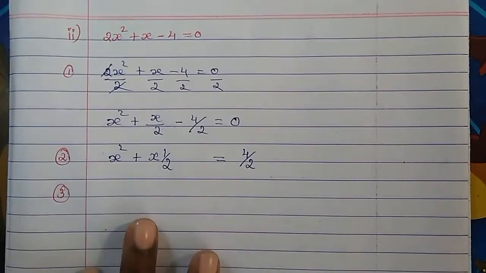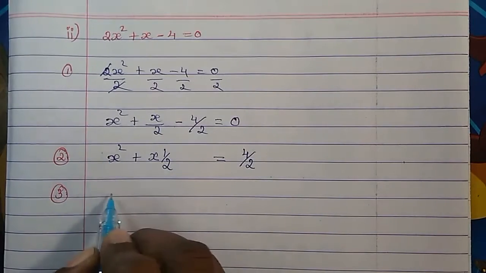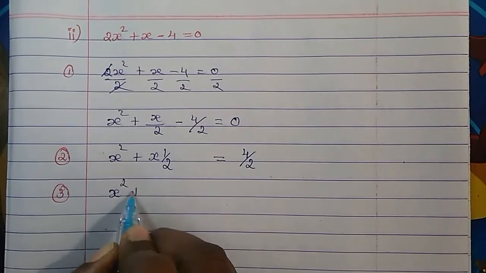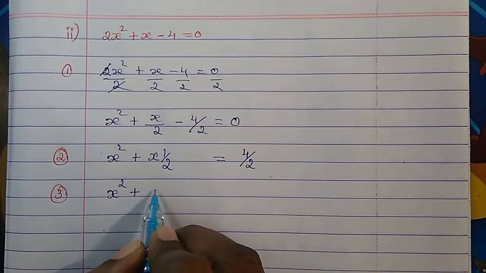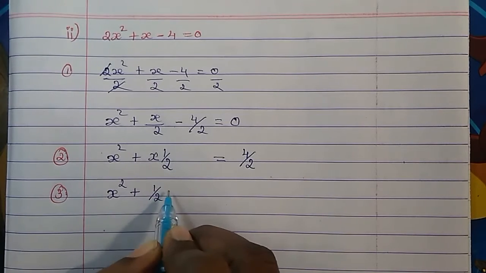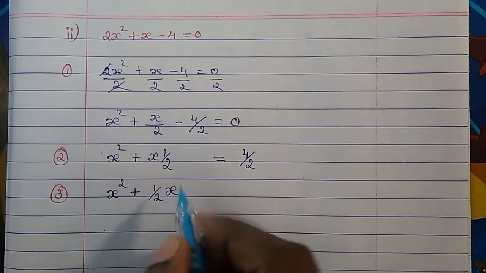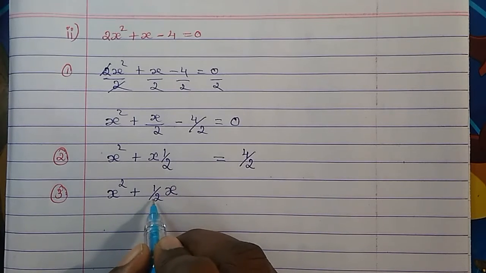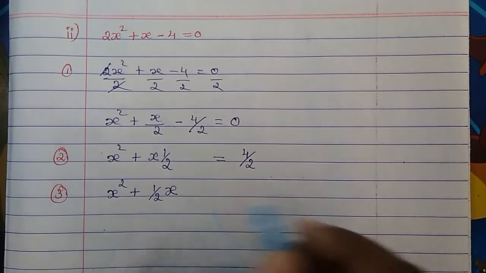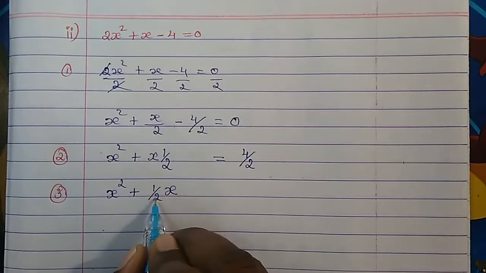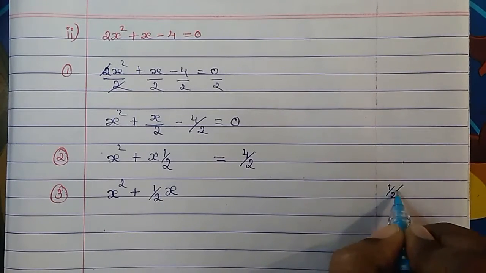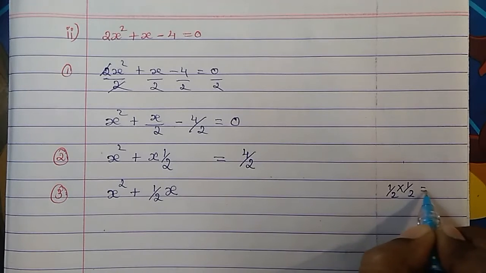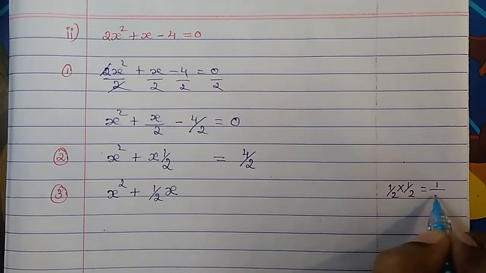In the third part, whatever this factor is, we will keep it as it is. Now whatever the coefficient of x is, we will multiply it with half. So the coefficient of x is 1 upon 2. When you multiply with half, 1 is 1, 2 twos are 4.